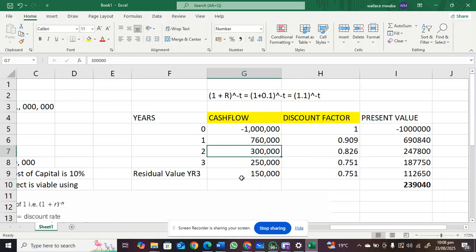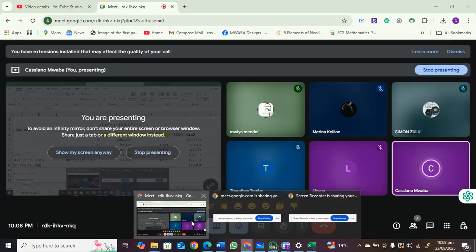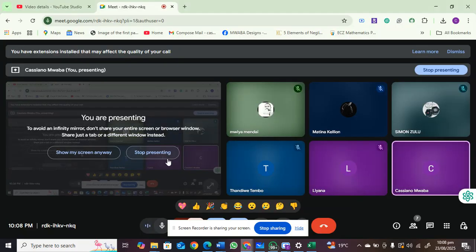So according to the net present value technique, colleagues, if your net present value is positive, you accept the project because that can signal gains or profit. Positive net present value, think of it as profit.